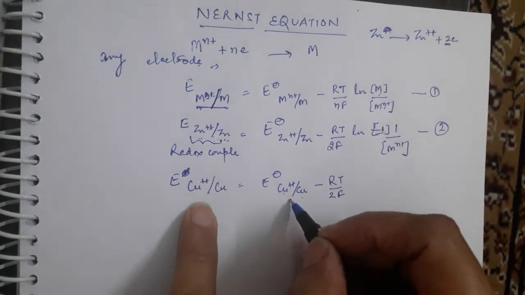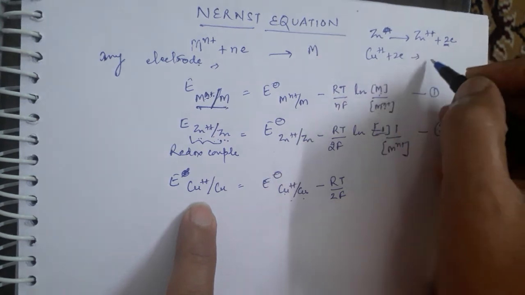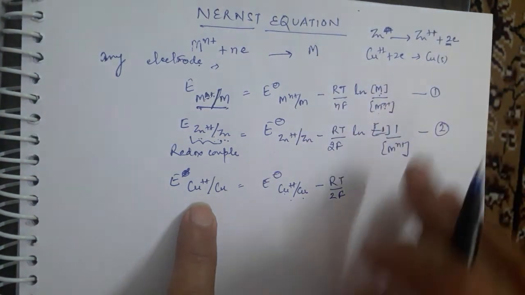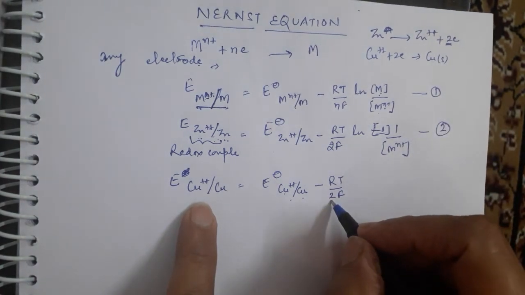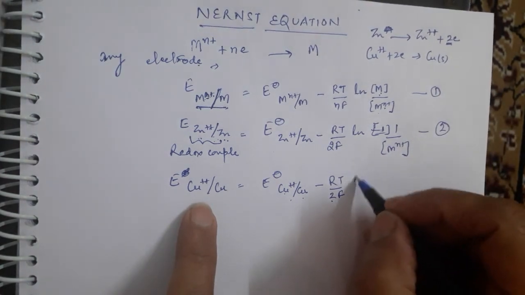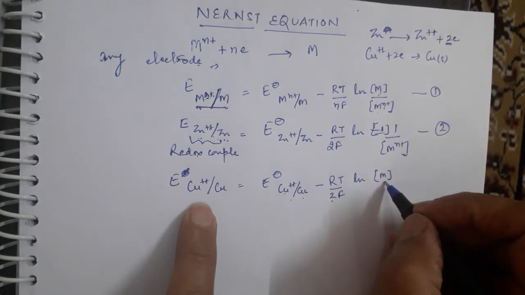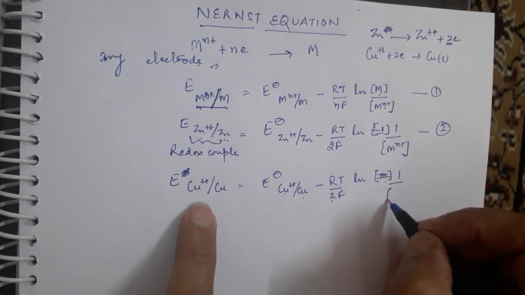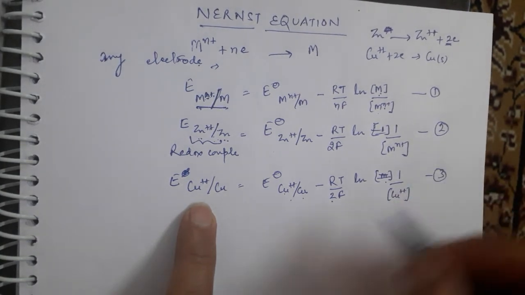In this case, in the reduction reaction of copper ions, 2 electrons are used to reduce it to copper solid. So the number of electrons transferred here is again 2, 2F natural log, and here M, the metal solid state, again becomes 1 upon copper ions. This is the third equation.